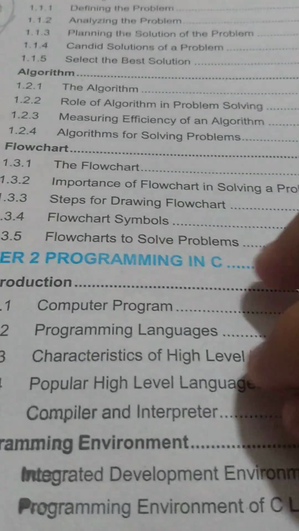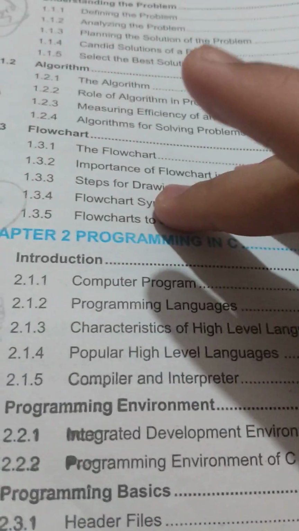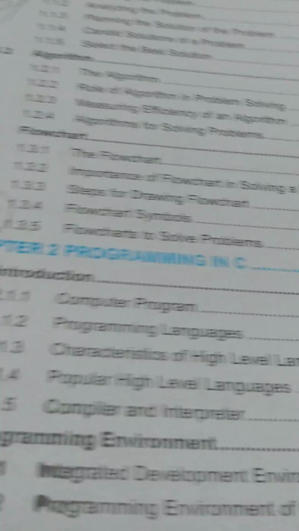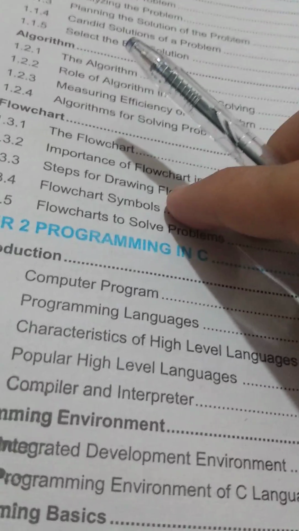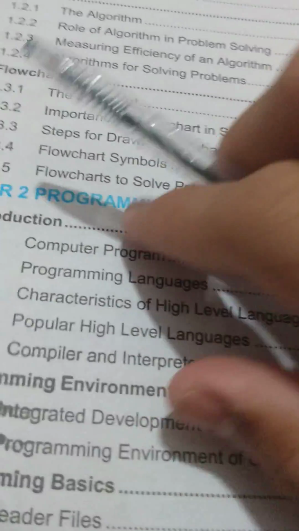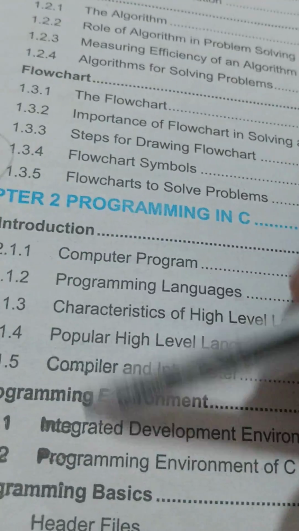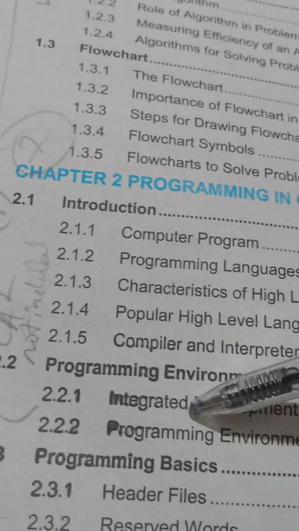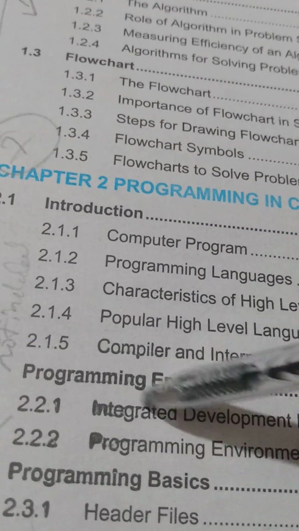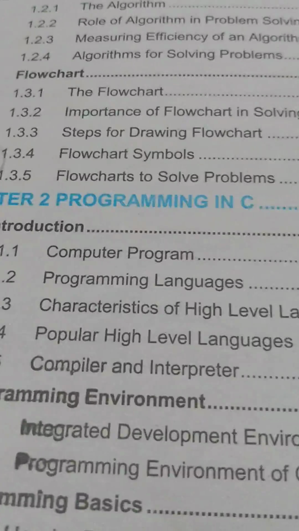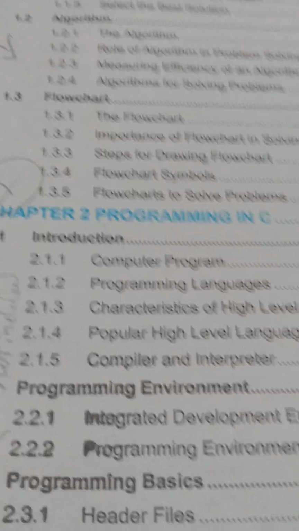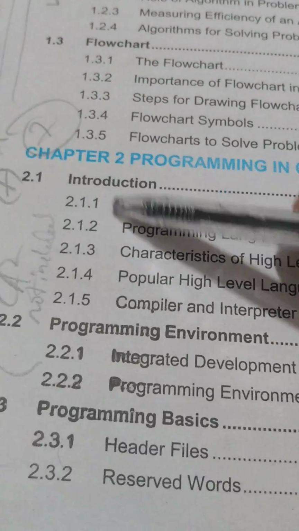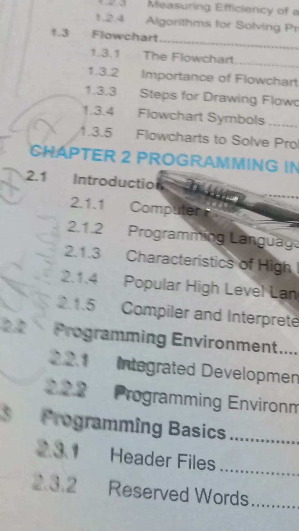Because we have only 7 MCQs from this chapter, as it is an introductory chapter. Programming in C language only highlights the major steps, or major SLOs, that a C programmer must know, right? So in this chapter we would be covering all the topics.